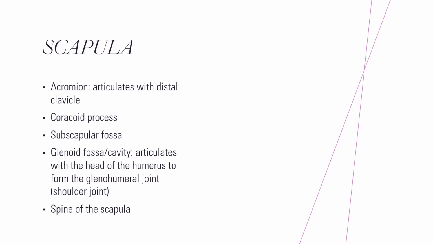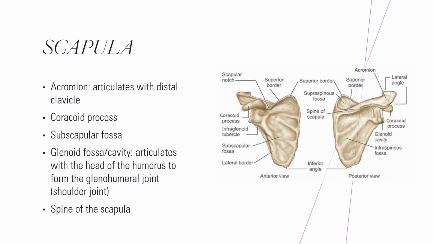Speaking of the scapula, the scapula has some landmarks that you should be familiar with. Looking posteriorly, you can see the acromion, and like I just mentioned, it articulates with the distal clavicle. You can see the acromion here too, right here. You also have the coracoid process.